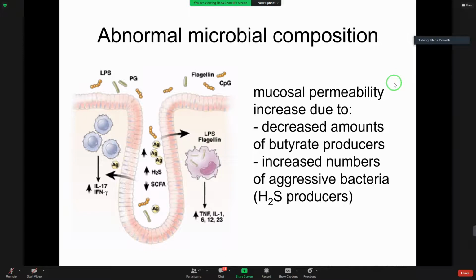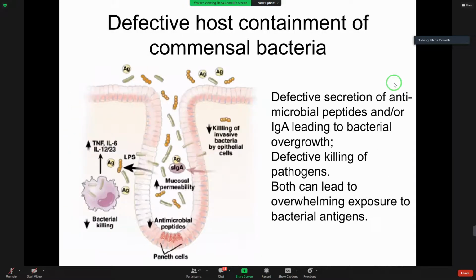It's important for maintaining the barrier function. And usually this is also accompanied by an increase in the numbers of bacteria that produce aggressive molecules such as, for example, H2S, that would be detrimental to the intestinal ecosystem.